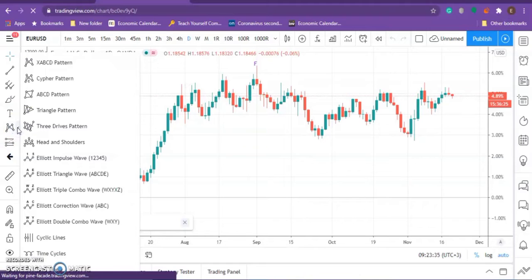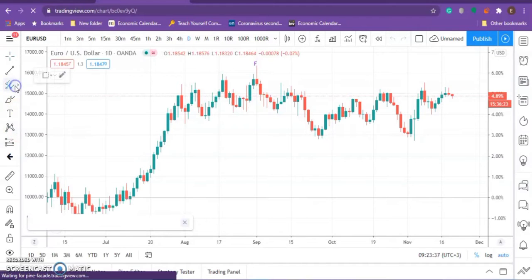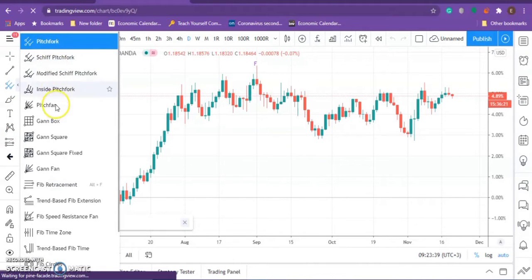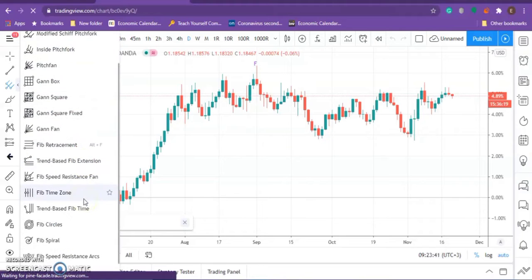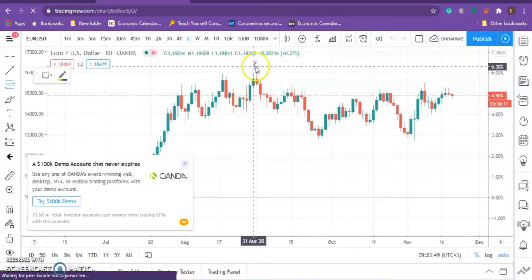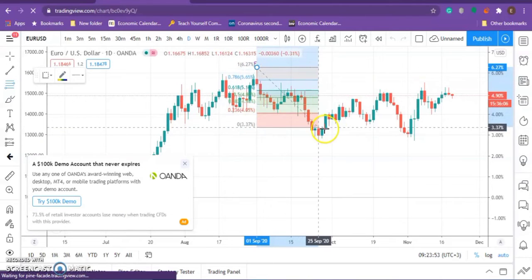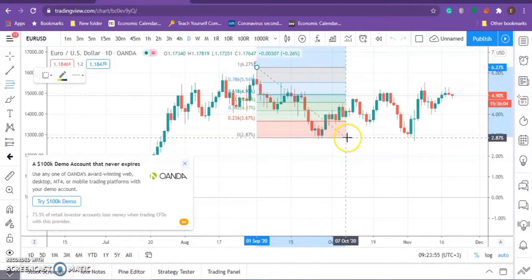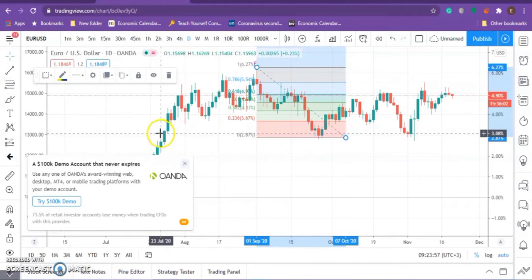So I'm going to come right over here. The Fibonacci channel, Fibonacci retracement. I'm going to take my pick as this one, and I'm going to draw it up to this point here, this level here.